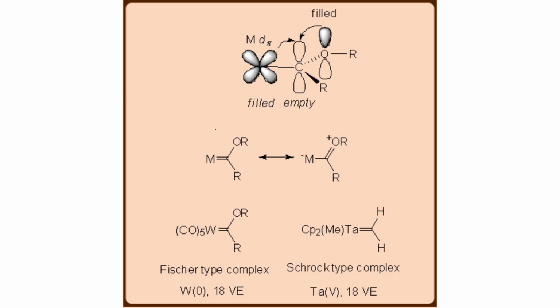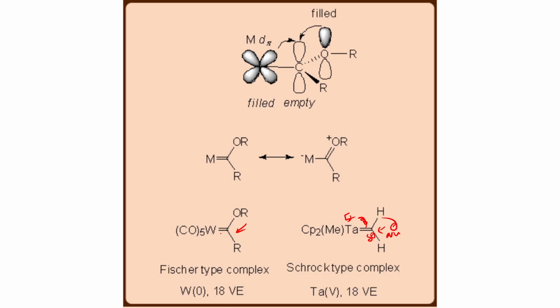And the examples show how Fischer and Schrock carbenes react. For Fischer, it is an electrophilic position, and for Schrock, it is the nucleophilic position. Reason being, it is a high oxidation state, plus 5, plus 4. So that's why this carbon is negatively charged and expresses nucleophilicity.